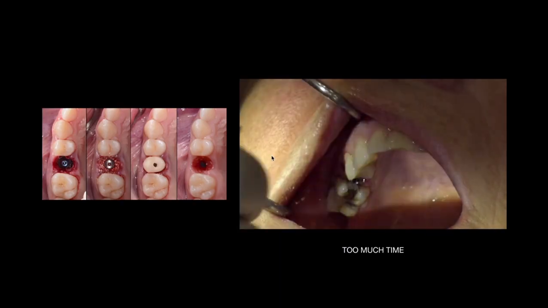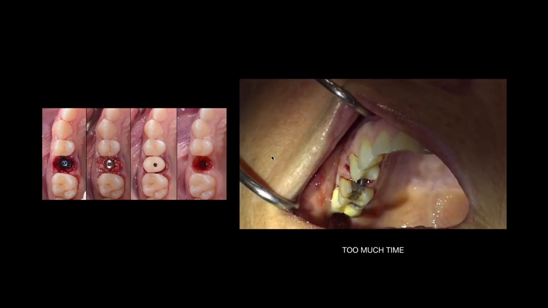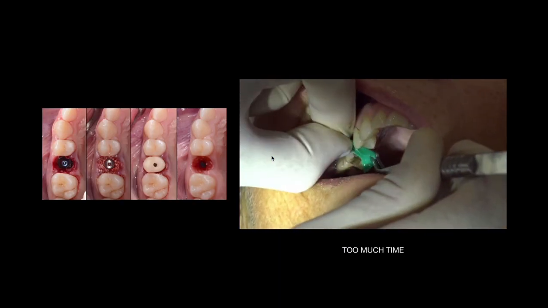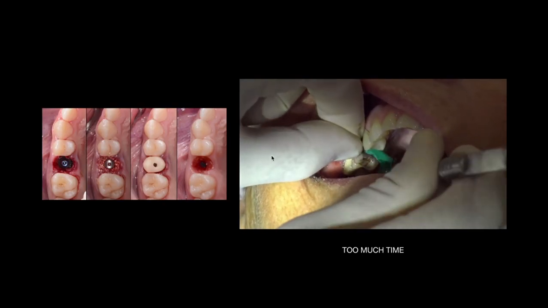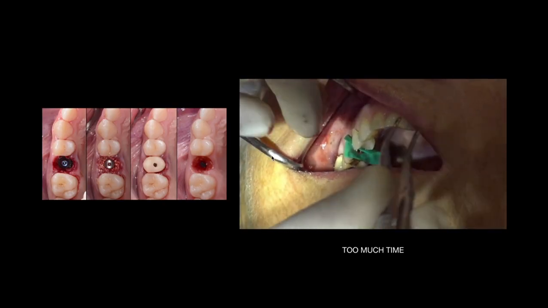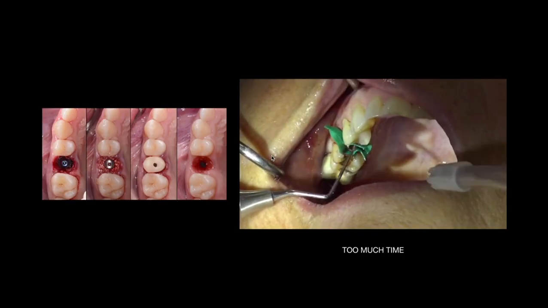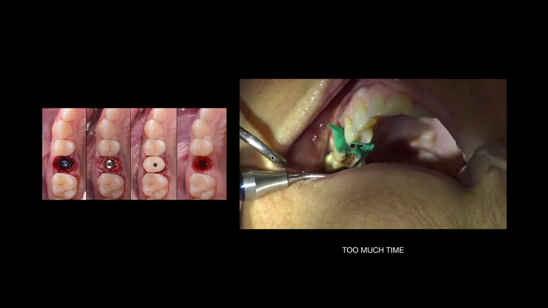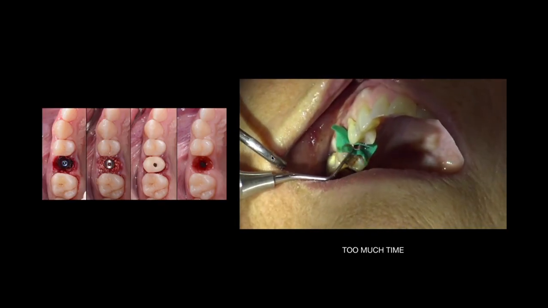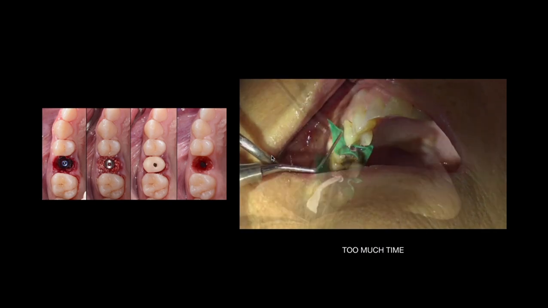This case, for example, was done in the clinic, and it took a long time to customize the height of our provisional temporary abutment, to reline the crown, and then screw the crown into position.